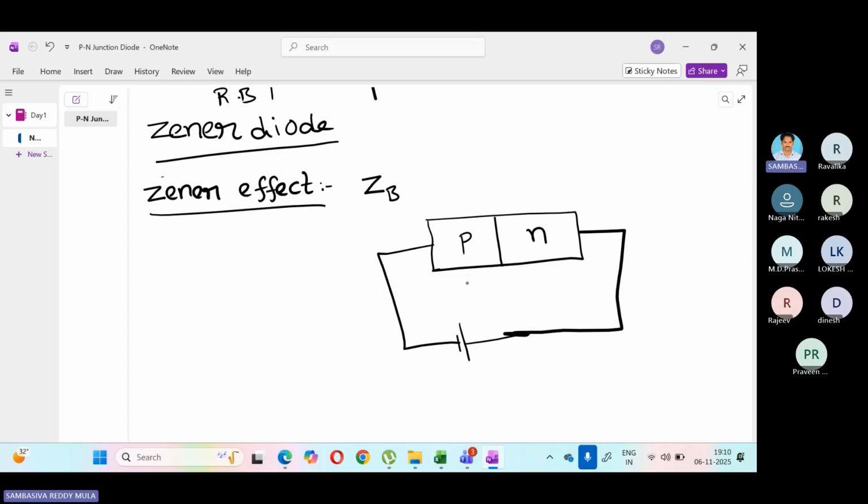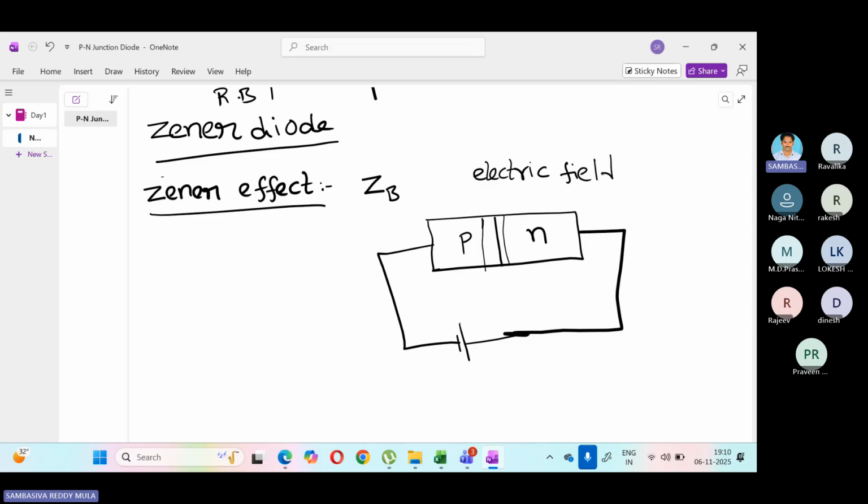Under reverse bias condition, if you increase the voltage slightly, the width of the barrier will increase up to a certain voltage. At the junction or the barrier, there exists an electric field due to the large amount of available free electrons.